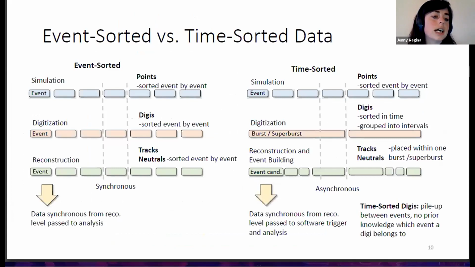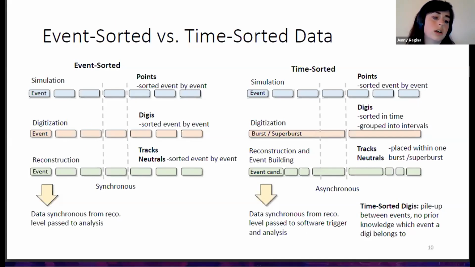As I display in these figures, when we do the simulation with event sorted data, then at the simulation stage all points are ordered event by event, and also at the digitization stage and at the reconstruction stage.